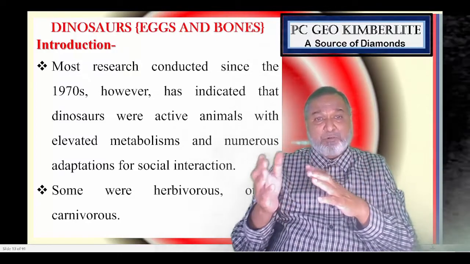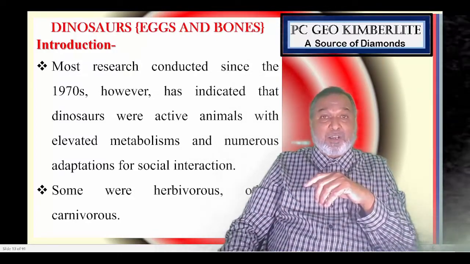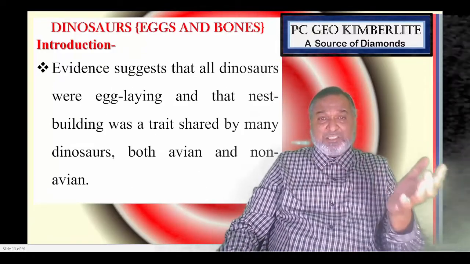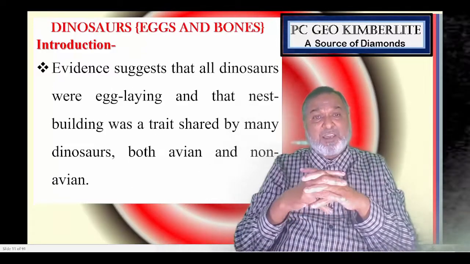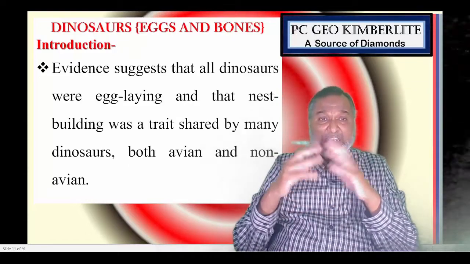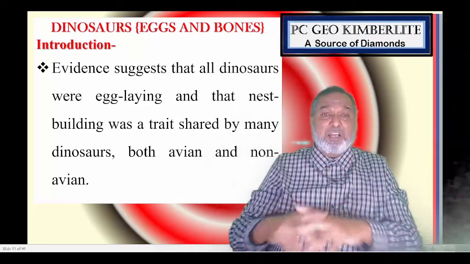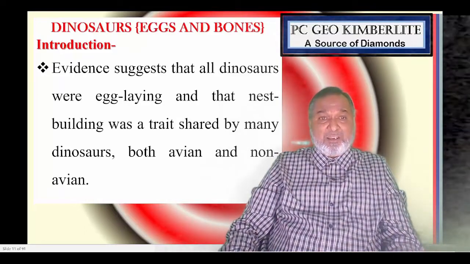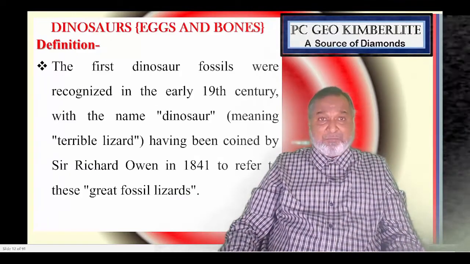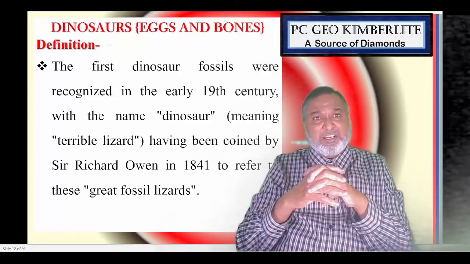Some were herbivorous and others carnivorous. Evidence suggests all the dinosaurs were egg-laying, and that nest building was a trait shared by many dinosaurs, both avian and non-avian.